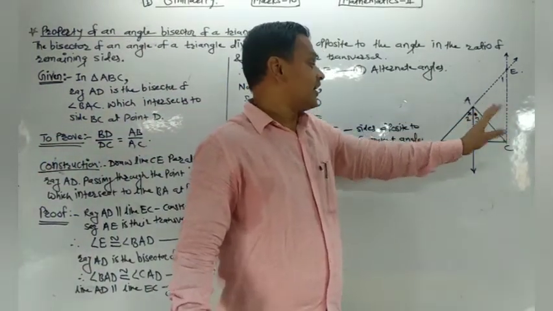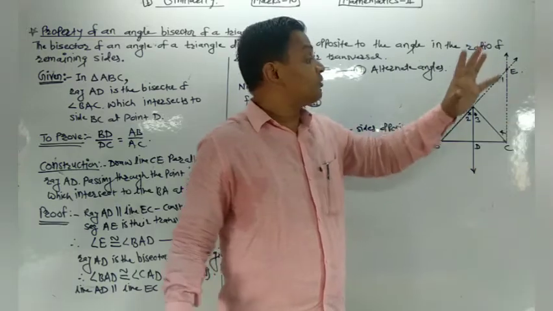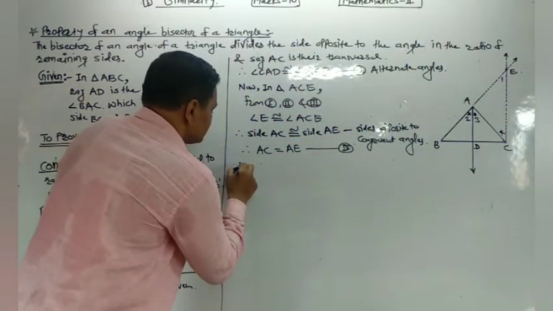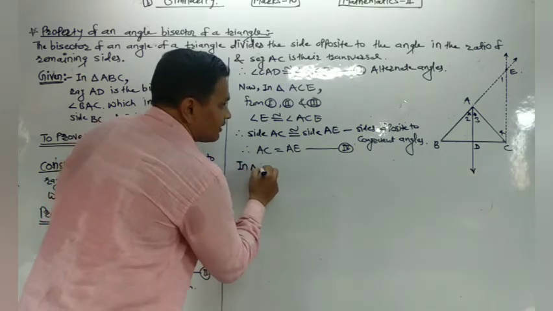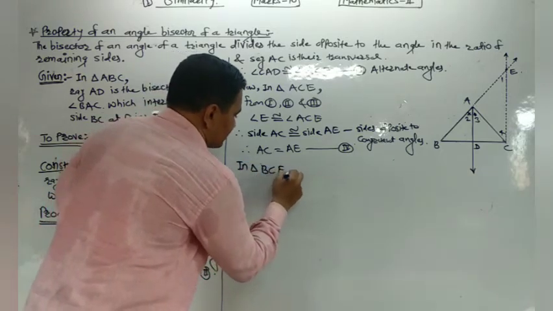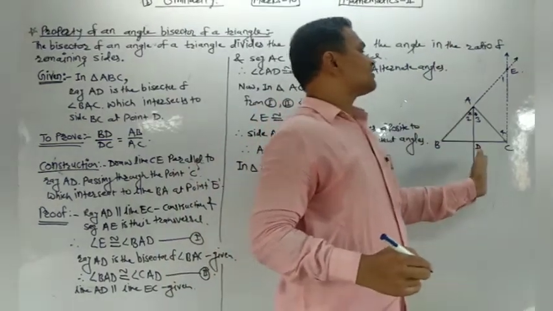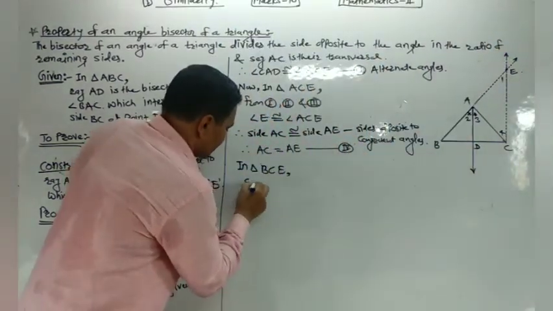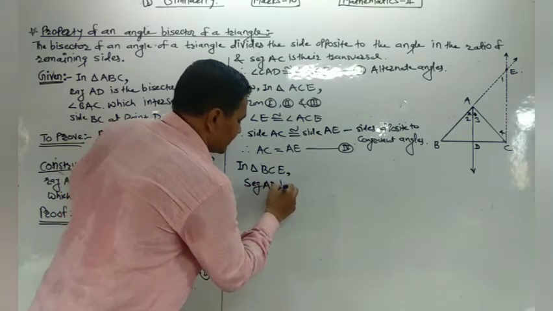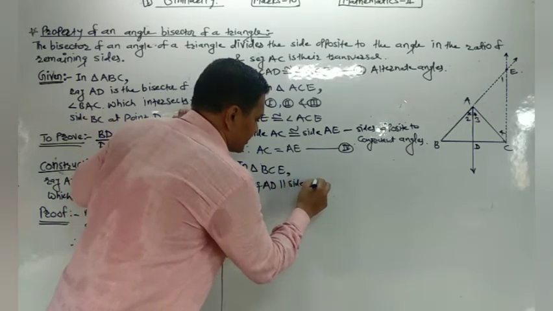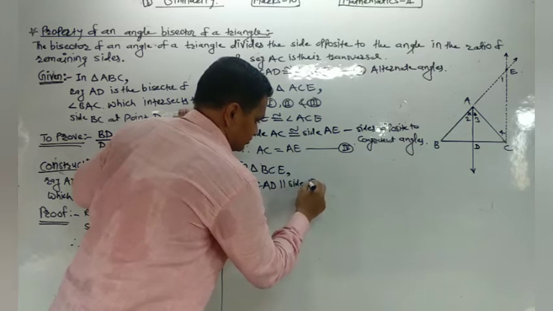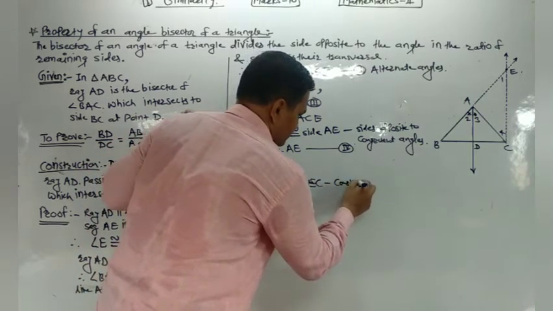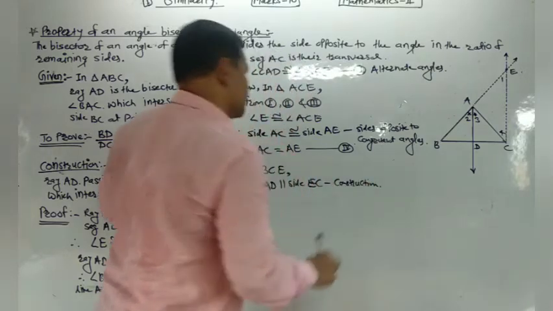Now in the big triangle BCE, AD is parallel to side EC. Who said this? It is here in the construction. Understand? Construction.